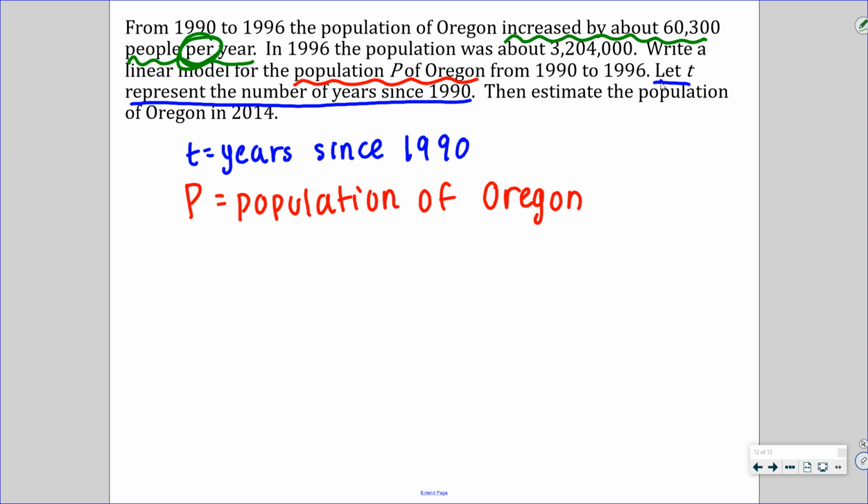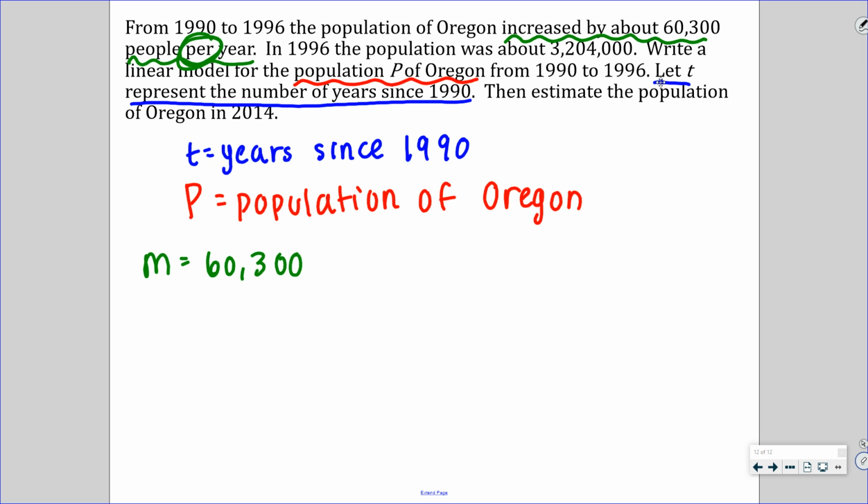They're telling me how much it's growing each year, which is what part of our linear equation? The slope, okay? They're giving me my rate of change here. So they told me my slope, or how much it's changing each year in that time period, is 60,300. See the difference with this one and the one we just did? They're giving me my rate of change. I don't have to calculate it myself.